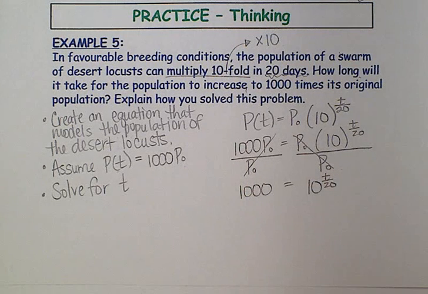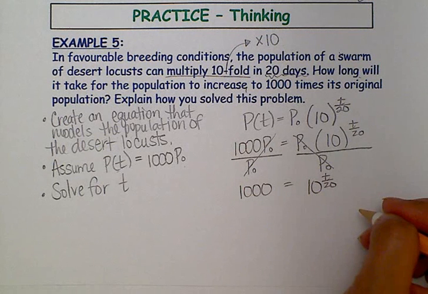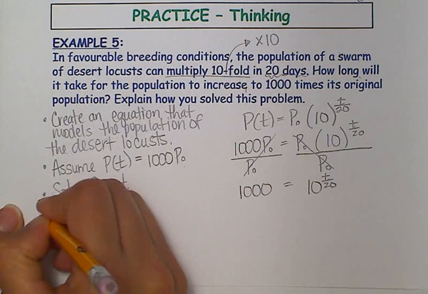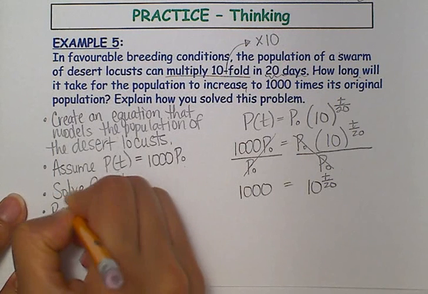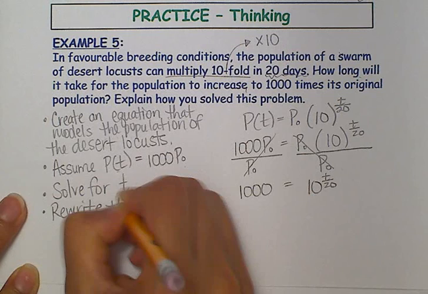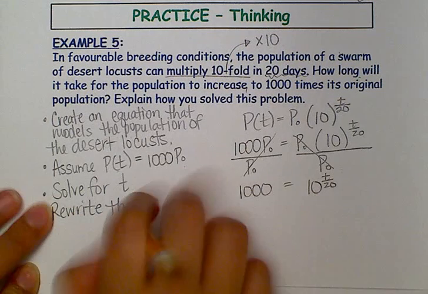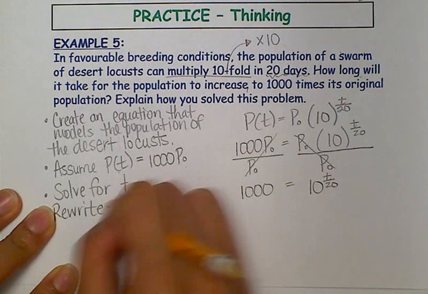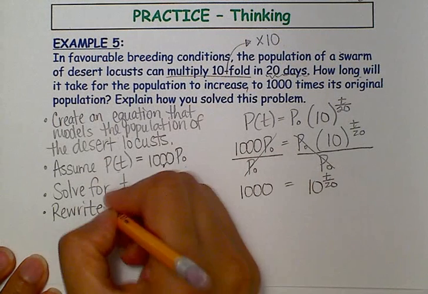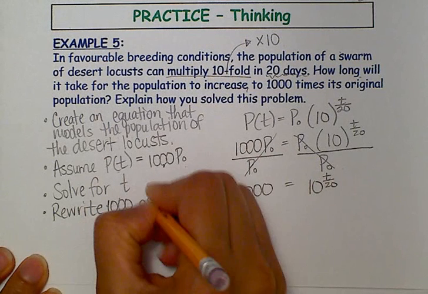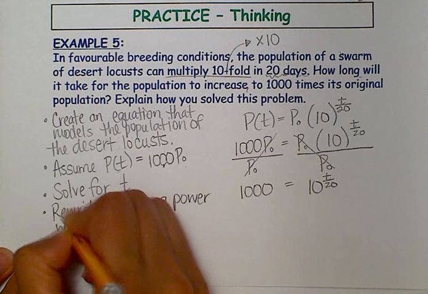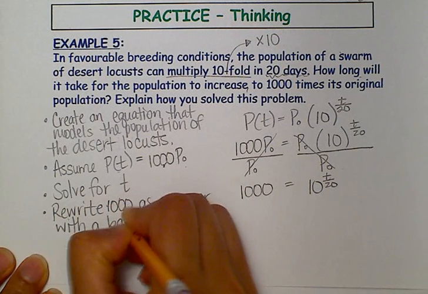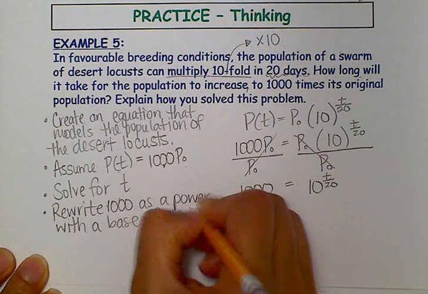Now to solve this, what I need to do is write the left side and the right side both with the same base. So I need to rewrite 1,000 as a power with a base of 10 in order to compare exponents.